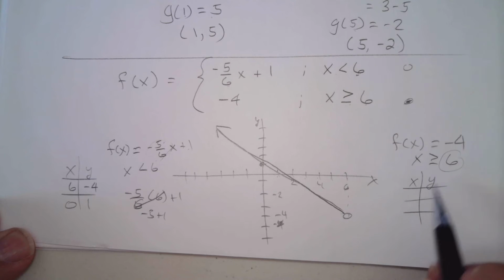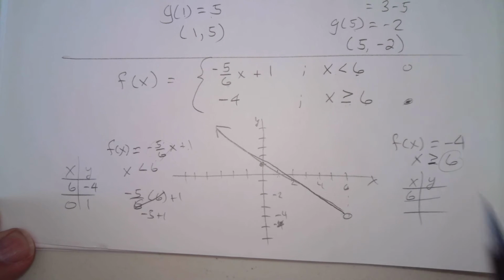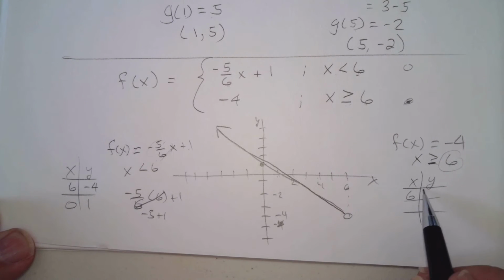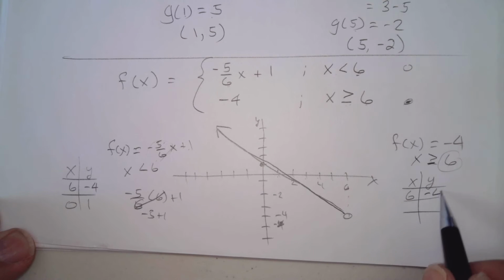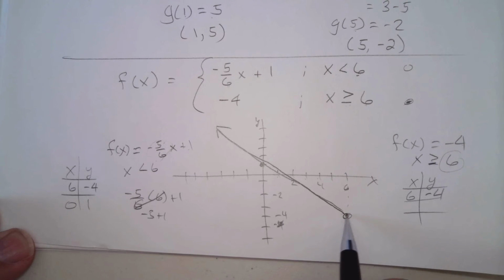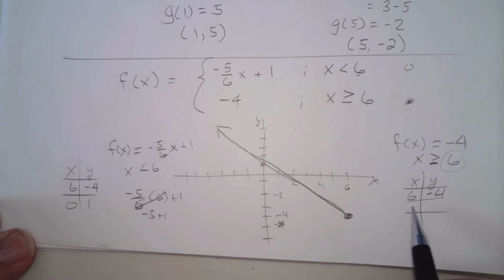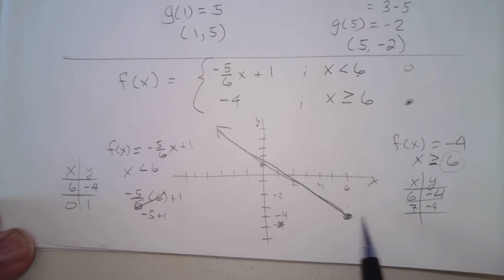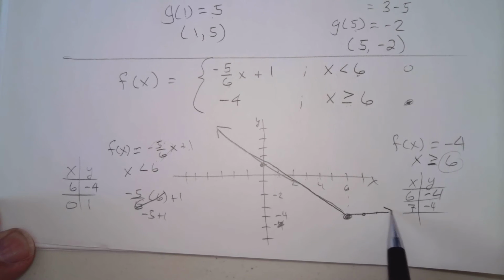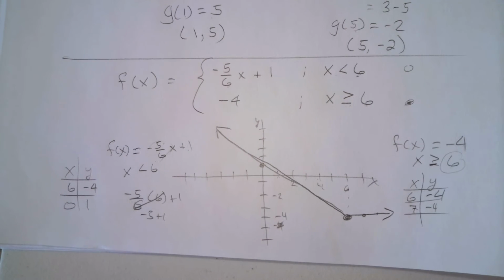So again, I start off at 6, but this time I can use it. When x is 6, y is negative 4. Put a solid dot there. When x is 7, y is negative 4. And so on and so forth. So those are those values.